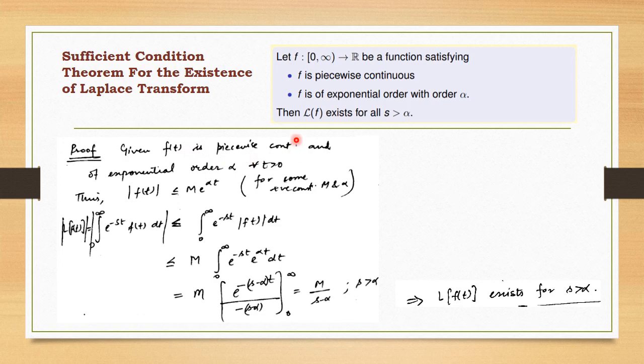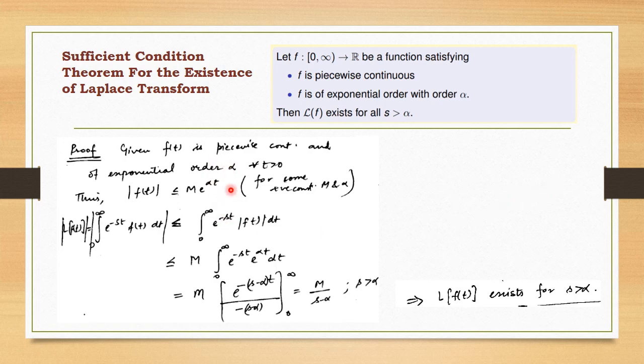What is given to us is that the function is piecewise continuous, right? So the value of this integral will exist, because we can break this integral into a sum of finite integrals, and each integral exists.